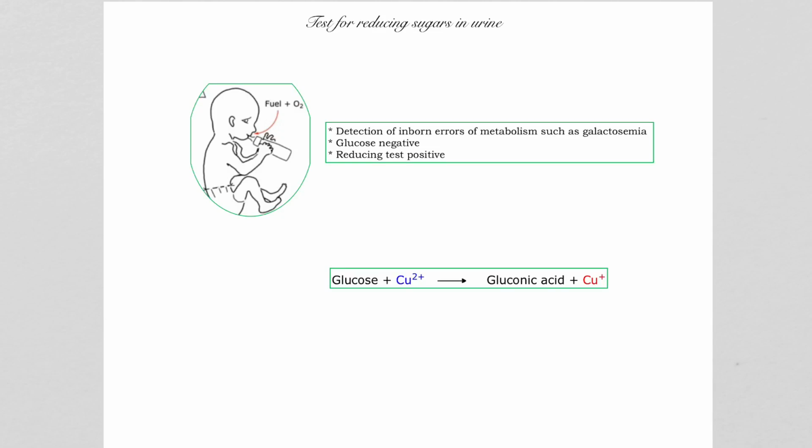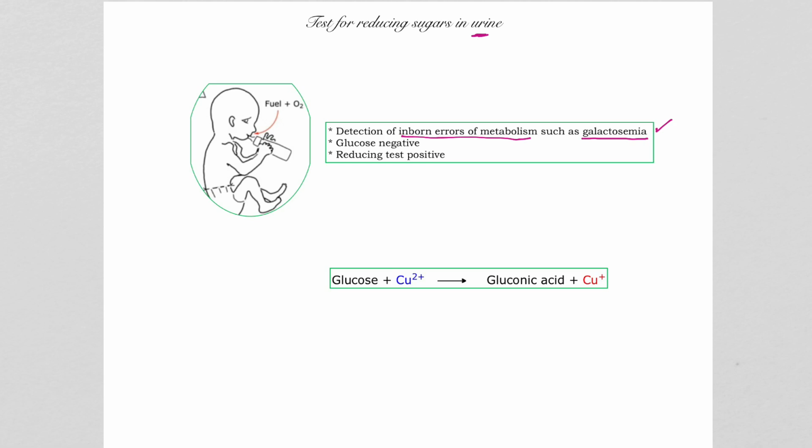There is a test for reducing sugar that we do in urine, and this test is typically done to screen inborn errors of metabolism, genetic diseases such as galactosemia, where the galactose is not metabolized by the baby and it comes out into the urine.